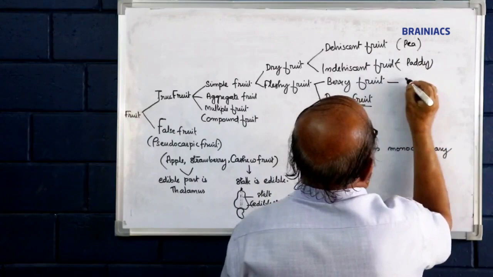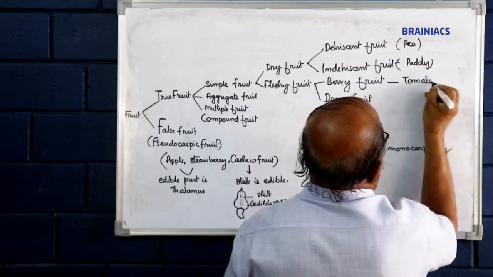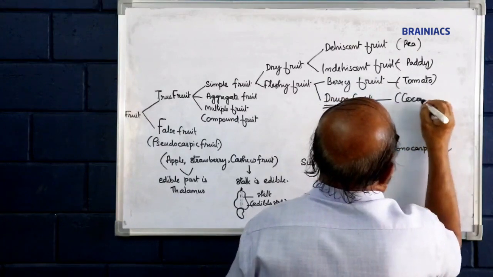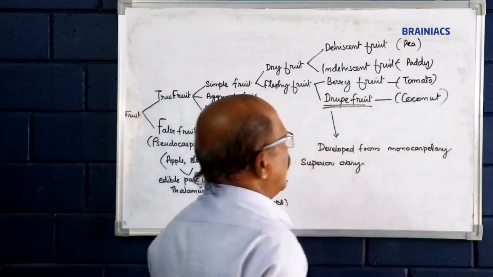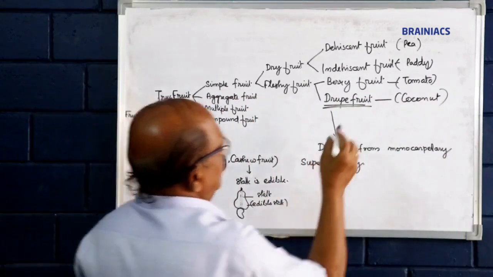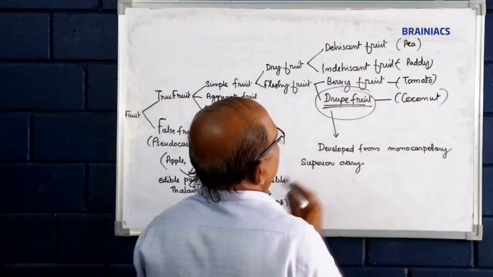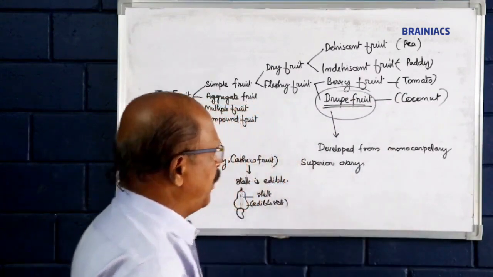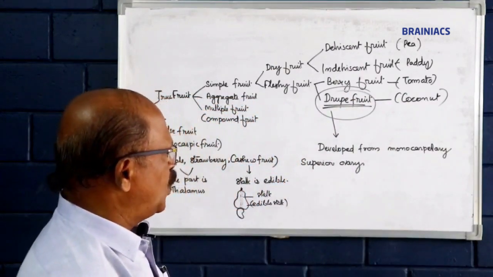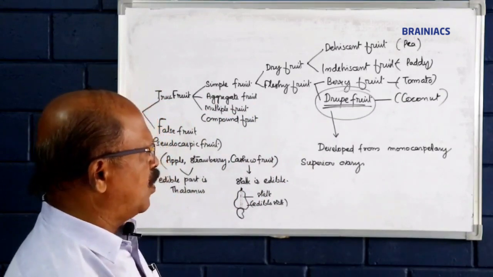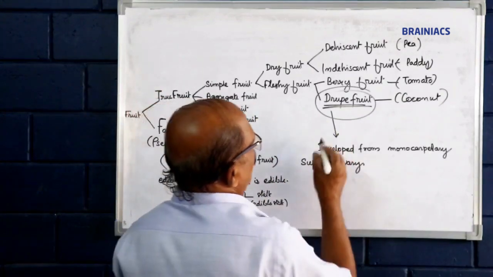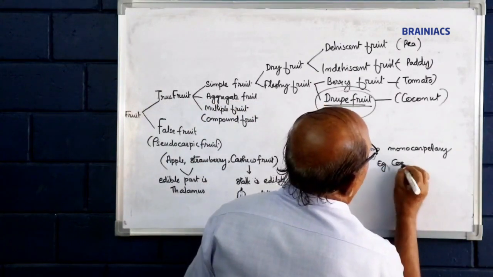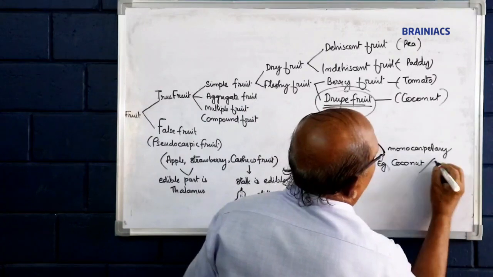And fleshy fruit is tomato. This is a berry. Then drupe, coconut. Among them, you have to go through the drupe, developed from monocarpellary superior ovary or unilocular superior ovary. Examples are coconut and mango.